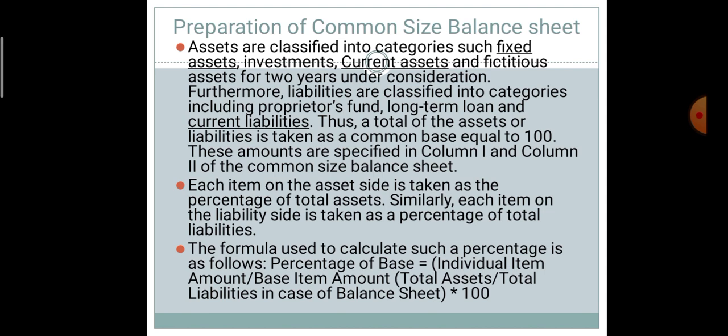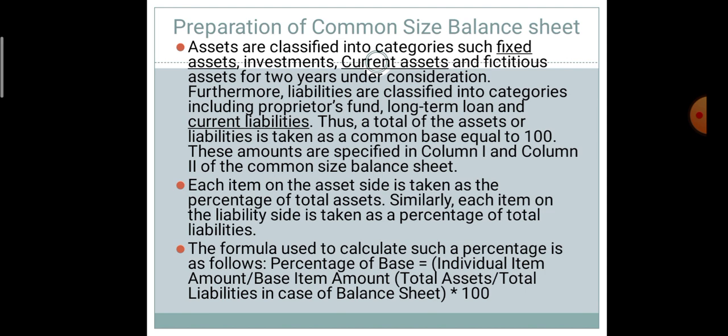Furthermore, liabilities are classified into categories including proprietors' fund, long-term loan and current liabilities. Thus, a total of assets or liabilities is taken as a common base equal to 100. These amounts are specified in column 1 and column 2 of the common size balance sheet.